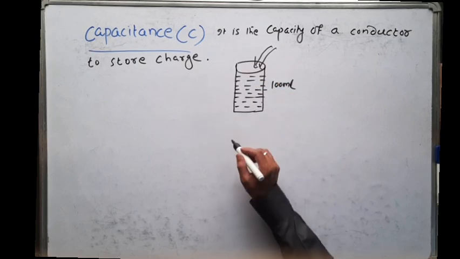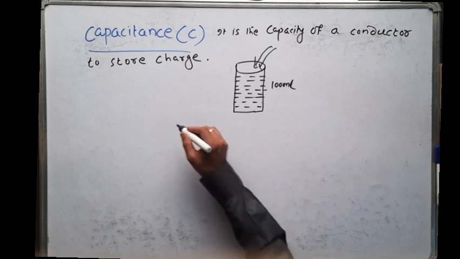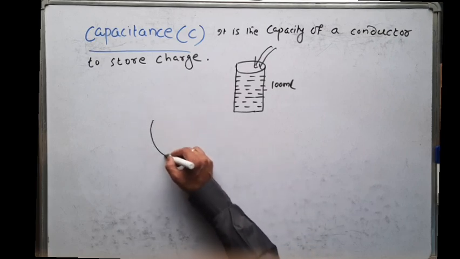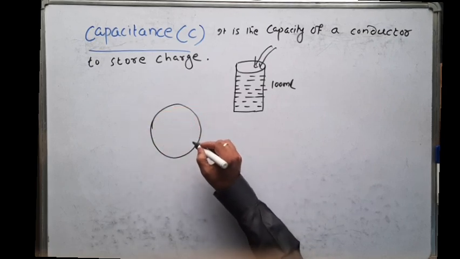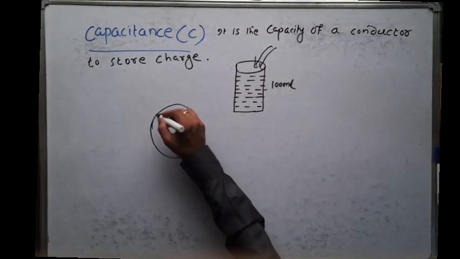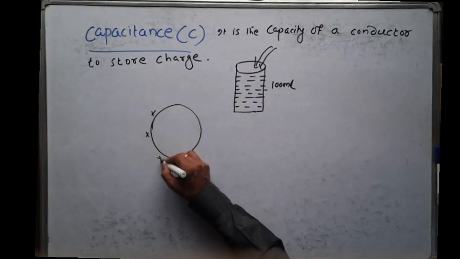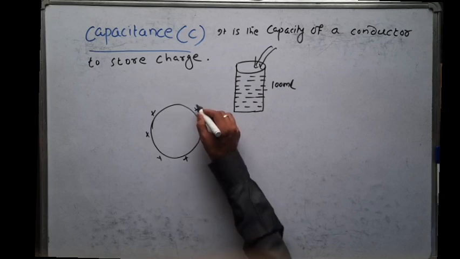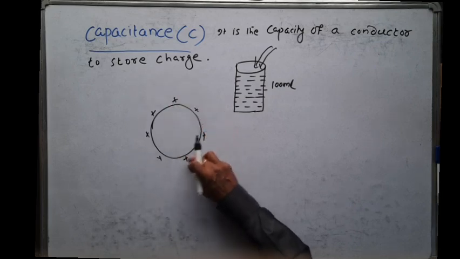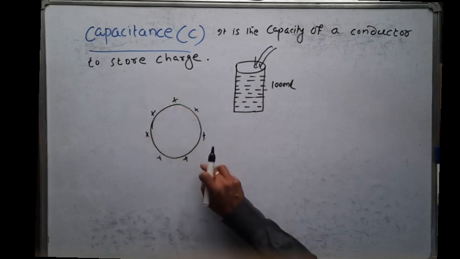Similarly, for a conductor also, suppose I take a conductor. Let us say this is a conductor, a spherical conductor, any conductor. If we add some charge on the conductor, we know all the charges are distributed on the surface of the conductor.